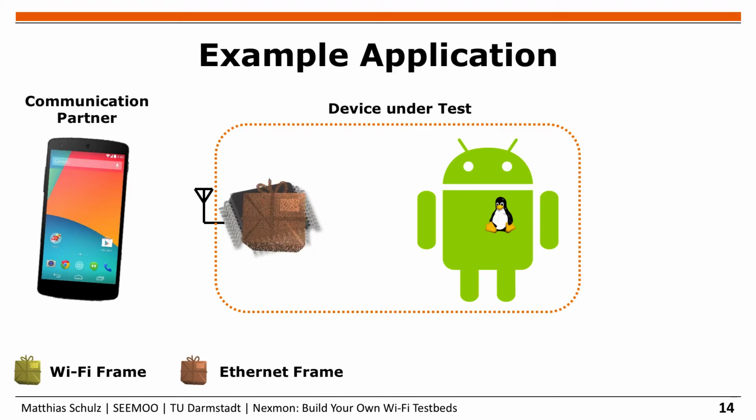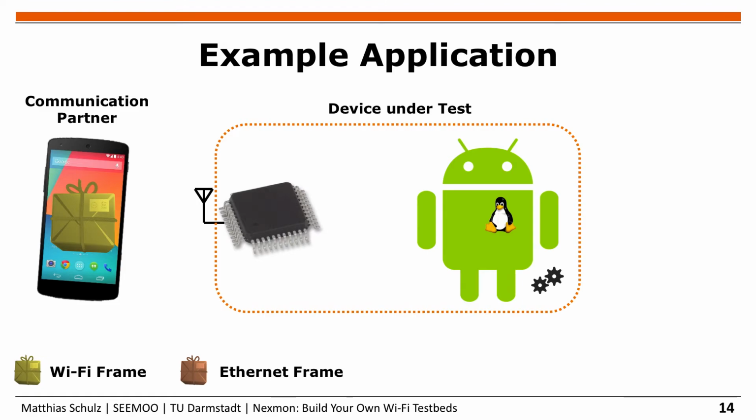The Wi-Fi frames will be converted into Ethernet frames, sent to Linux, and there they should be somehow processed. There should be another frame coming out, sent back to the Wi-Fi chip, and sent back to the communication partner. Can you think about any application that does exactly this? Like getting a frame and sending it back? Any idea? Ping. That's true.